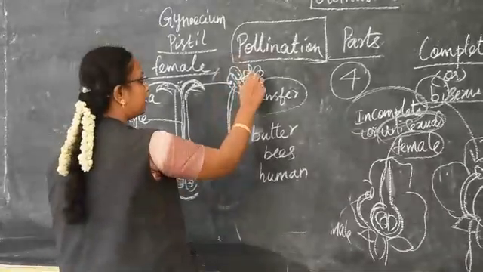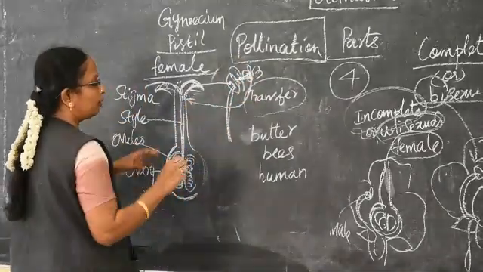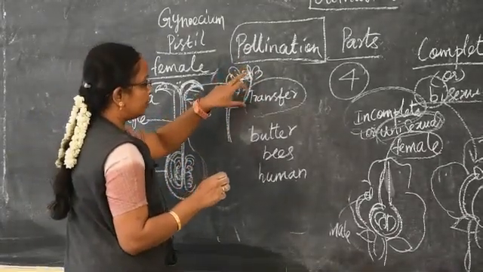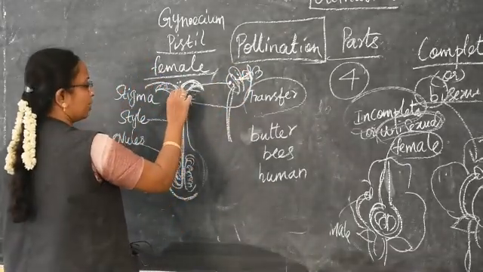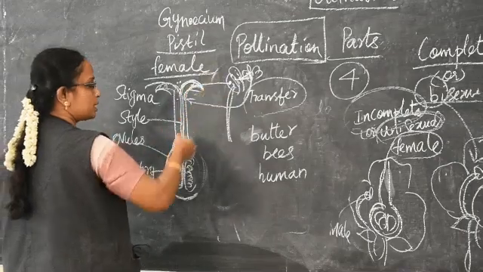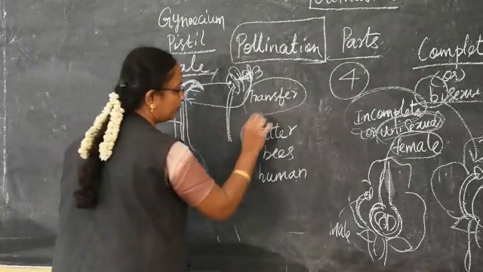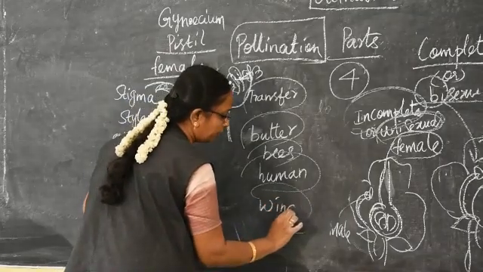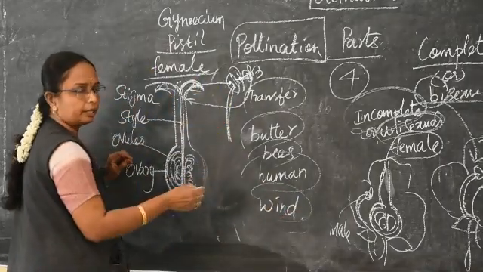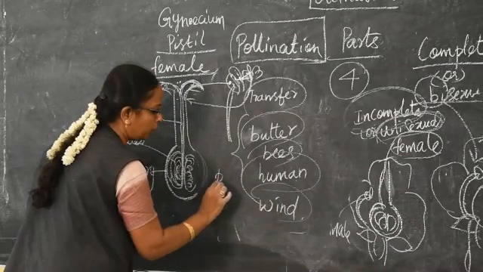If the same butterfly goes to another flower, what will happen? The pollen grains may fall onto the female reproductive organ. So pollination happens. So butterflies, bees, even human beings, animals, wind, they are all the reason for pollination. So they are known as pollinators.